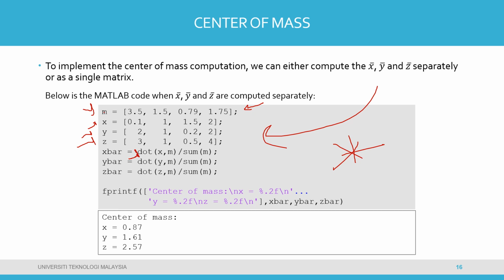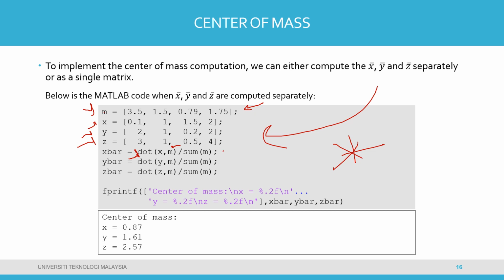So for dot, you have to make sure that all of it is horizontal. So when it comes to here, if you use dot, automatically this one will become vertical. So make sure of that.